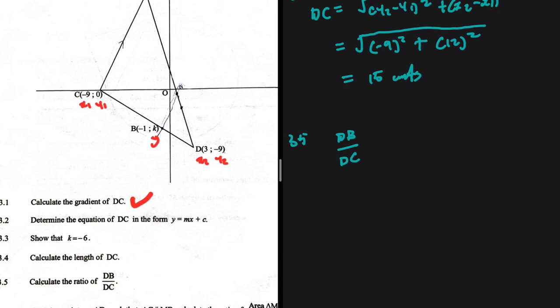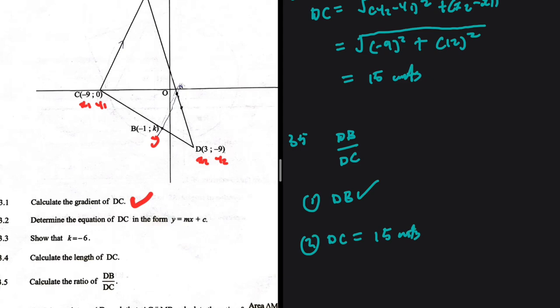So option 1 is to calculate the length of dB, because we already have the length of DC. DC is equal to 15 units. So we can just calculate the length of dB and then find the ratio of the two, dB over DC.